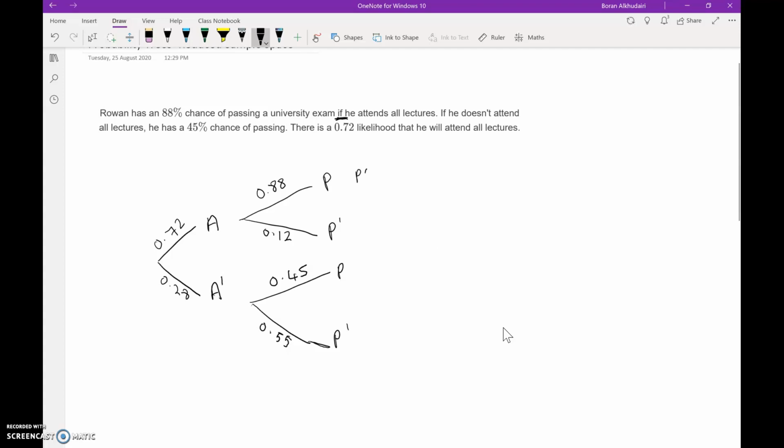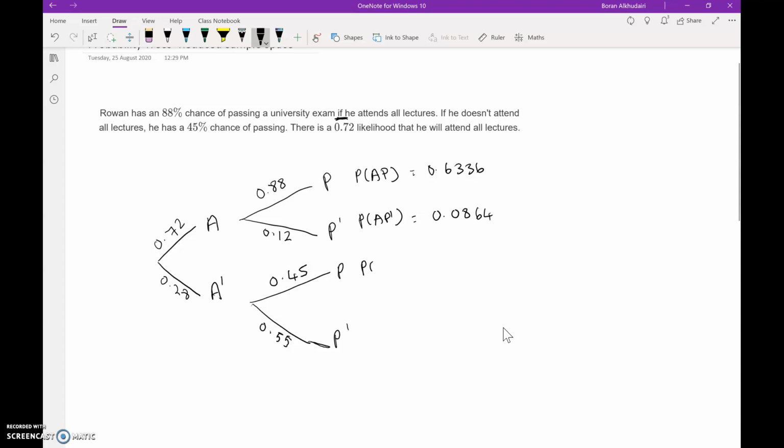So here the probability of attending and passing is 0.72 times 0.88, which is 0.6336. 0.72 times 0.12 is the probability of attending and not passing, which is 0.0864.